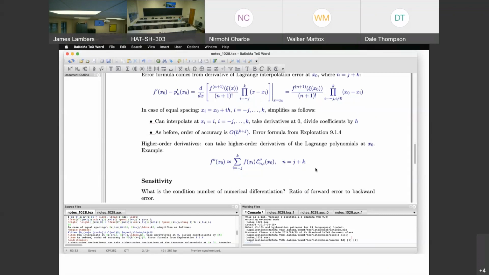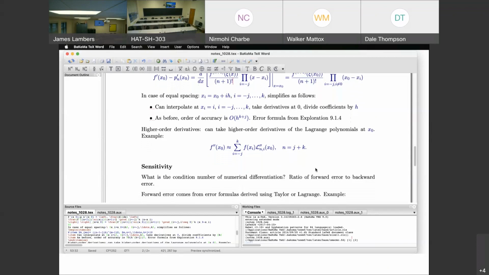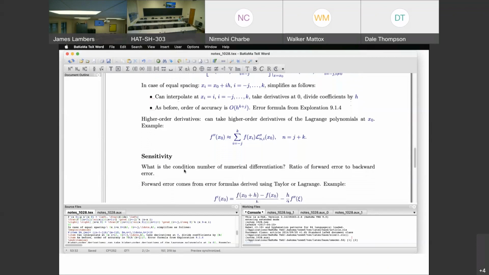So what's going on with numerical differentiation? So we want to get ideas of a condition number, and as discussed in chapter 2, just generally speaking, the condition number is forward error divided by backward error. So what would the forward and backward error be in this case?